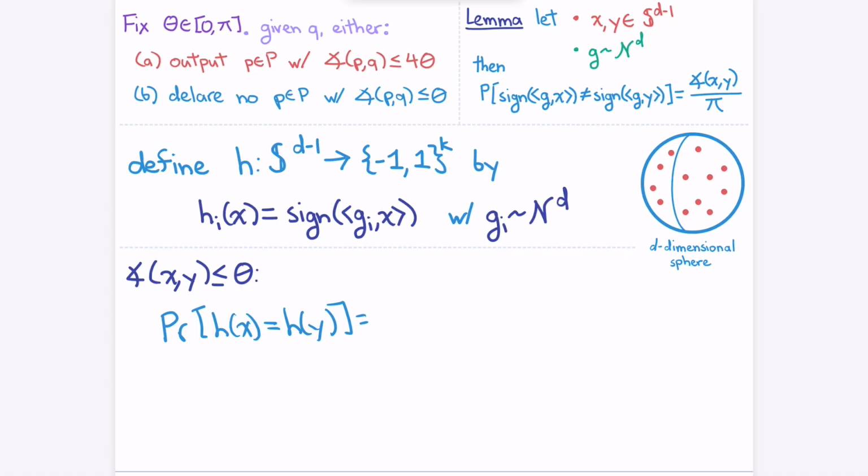It's (1 minus angle xy over pi) to the k. The angle over pi is the odds of not colliding, so 1 minus that means it collides. It needs to collide k times.